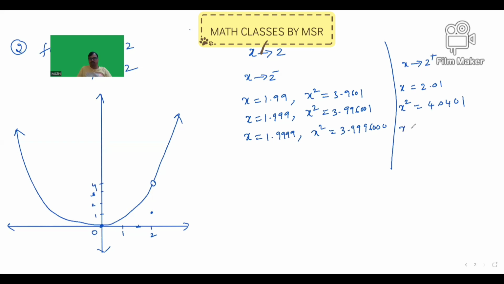If x equals 2.001, x square is 4.004001. If x approaches 2.0001, then x square approaches 4.000400010001.